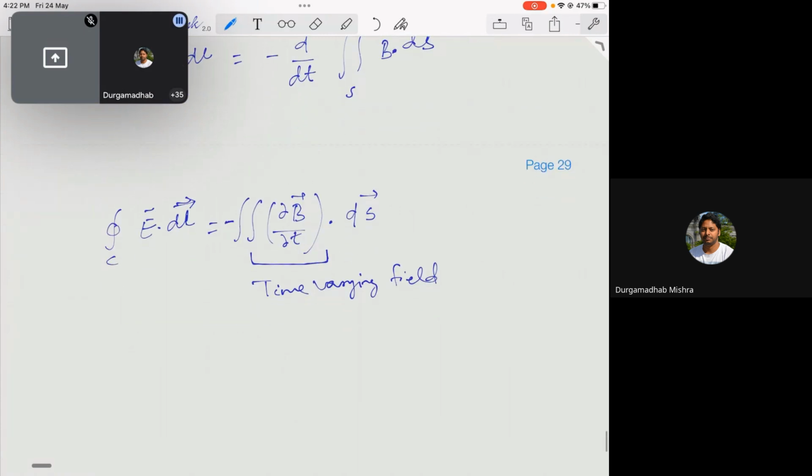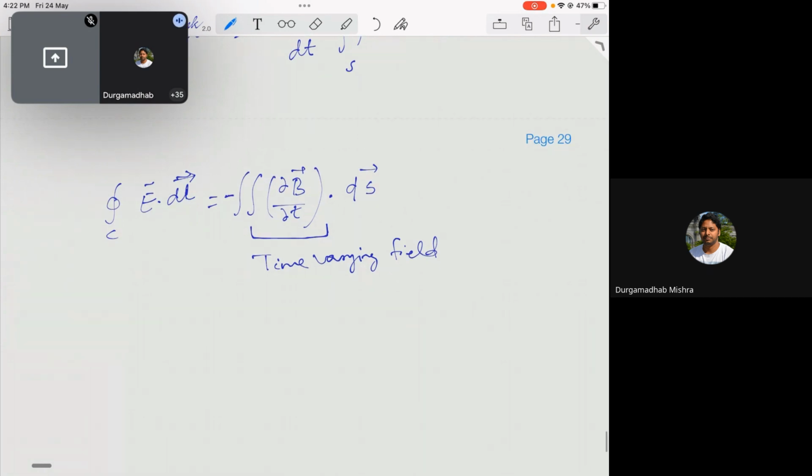Now, this is an integral form. You can also write it in a differential form. In order to do that, you have to use Stokes' theorem, which relates a line integral to a surface integral.